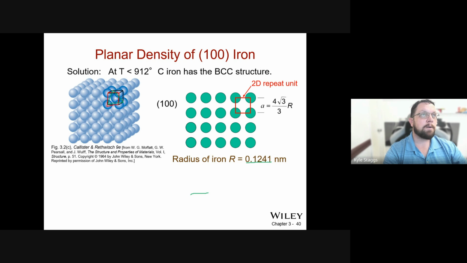So here we have quite a bit different number per repeat unit. For each of these, we have one that's in the center that we cross through, right?